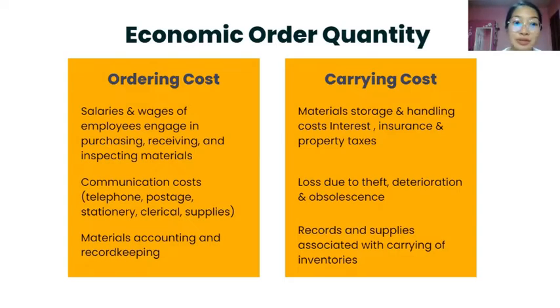It includes the salaries and wages of employees engaged in purchasing, receiving, and inspecting materials. Part of ordering cost is communication cost, like wifi, then supplies such as papers, and accounting and record keeping. There are many more examples, like electric bills, which are part of your ordering.